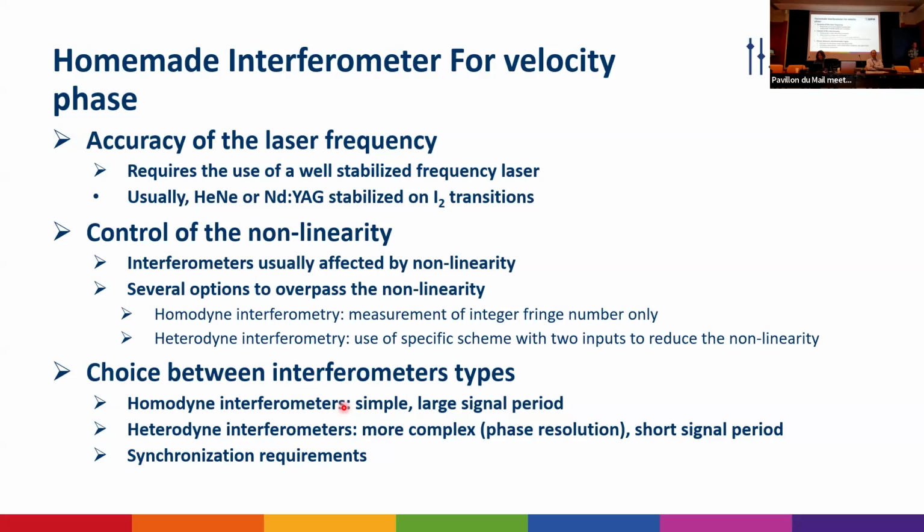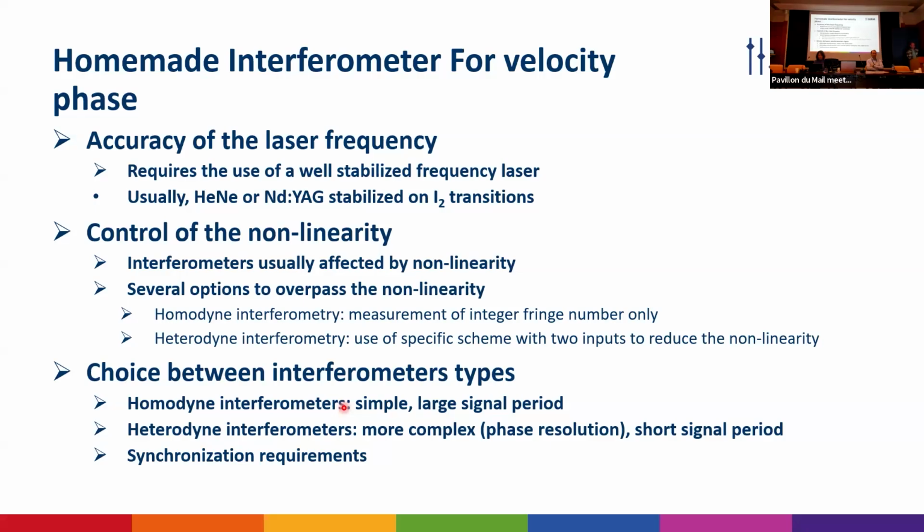You have to control the nonlinearity of your system. With a homodyne interferometer, you are limited to counting and determining an integer number of fringes. If you are using a heterodyne frequency, then it is more complex to implement, but you have access to the fractional phase, which means an almost continuous measurement.